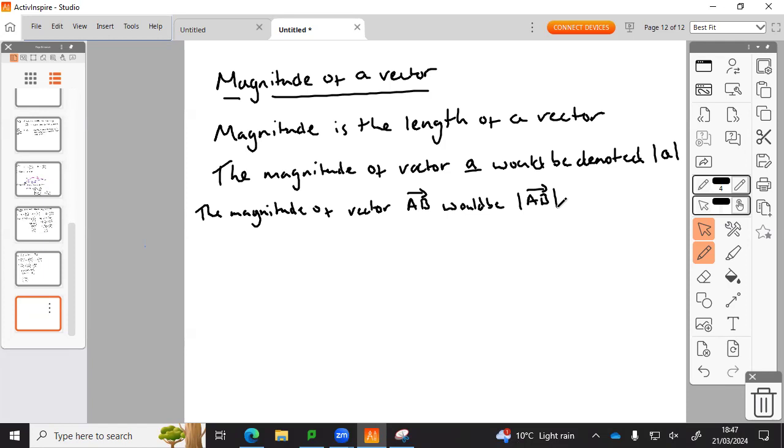So it's an A in between two vertical lines. The magnitude of vector AB would be denoted with the AB in between two vertical lines. So it's essentially just boxing it off.